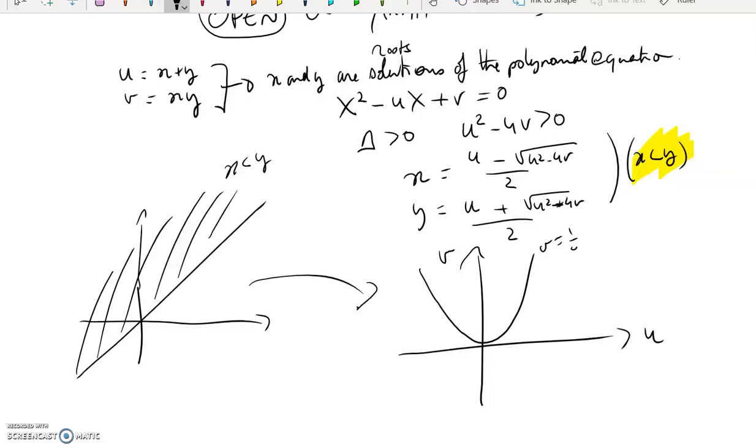That is coming from this part. And then what part is it defining? It's going to be that area. So that transformation sends this half plane into that.